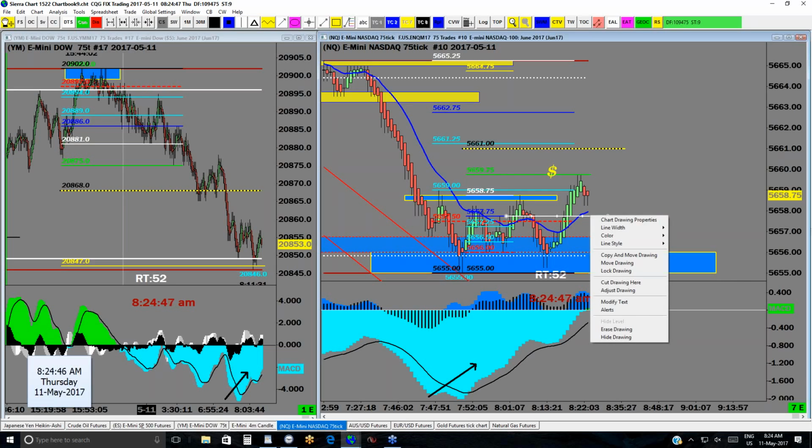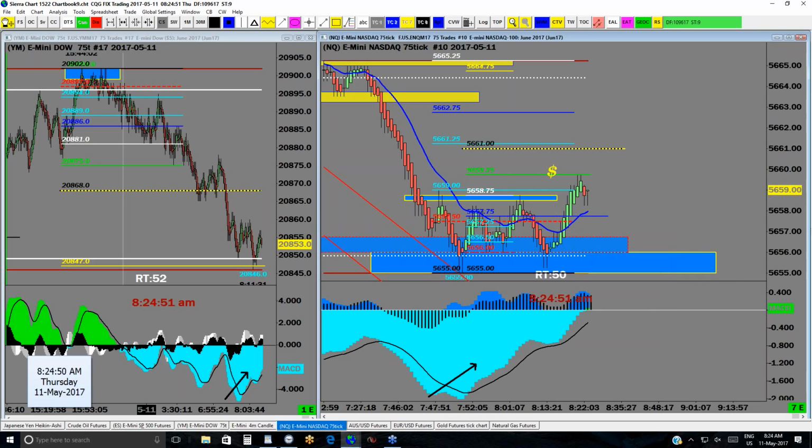We'll look for this area here to hold as a support area, and so we'd like to really see it retested instead of it just take off and go. We want to see some pullback that we did get right here by the RT on 50 on the right hand side, RT 50.